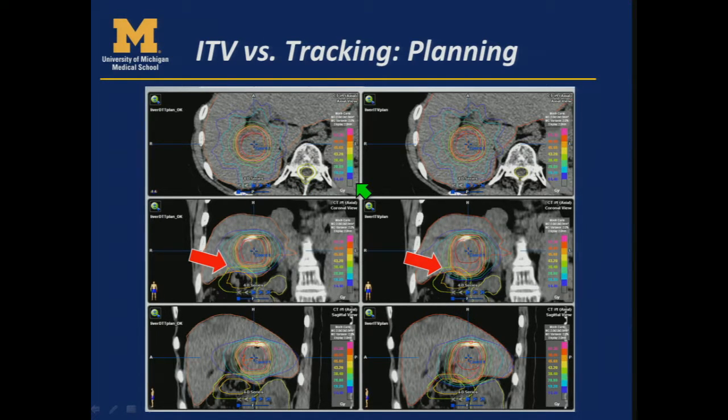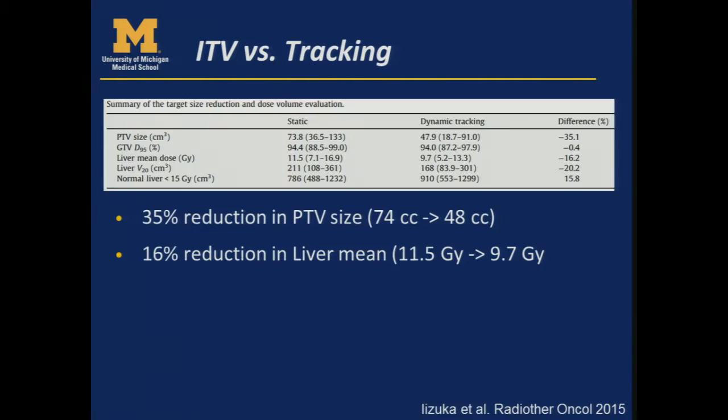On the left is the tracking approach, and on the right is the ITV or free breathing approach. Here you can really see the difference in the size of the area that you're treating, and when you have normal tissue adjacent to the tumor location, you can really change your dose gradients into that area and potentially reduce the normal tissue toxicity risk.